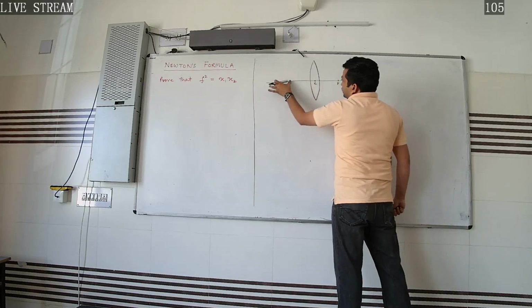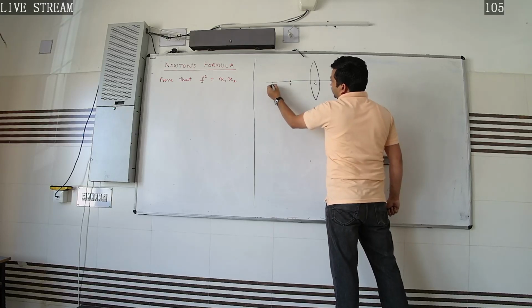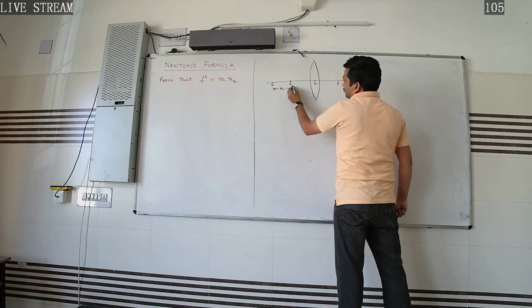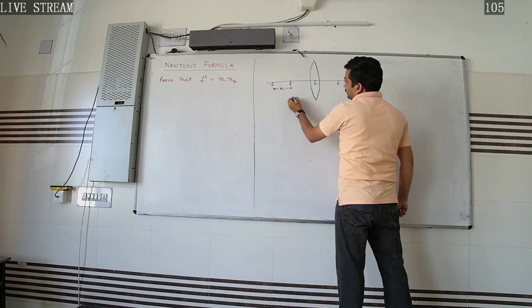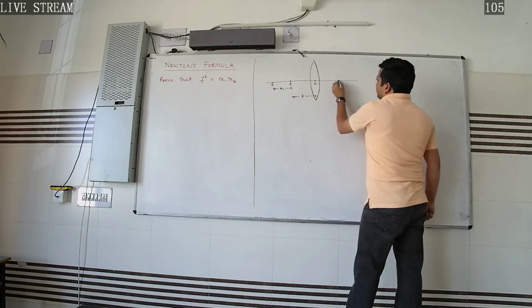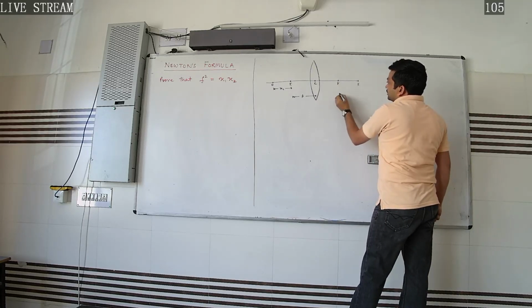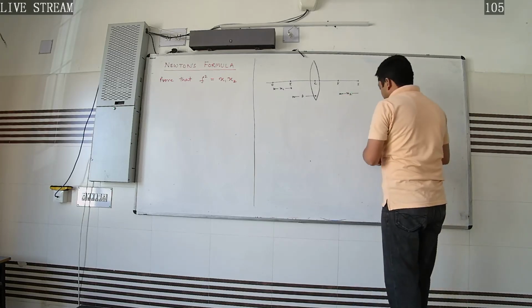So if an object is placed at a distance x1 from the first principal focus of the equiconvex lens, then its image is formed at a distance x2 from the second principal focus.